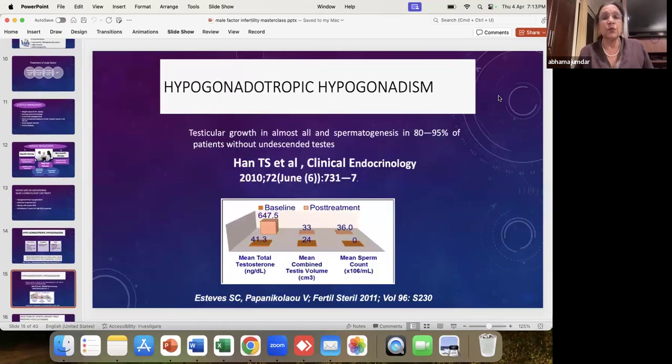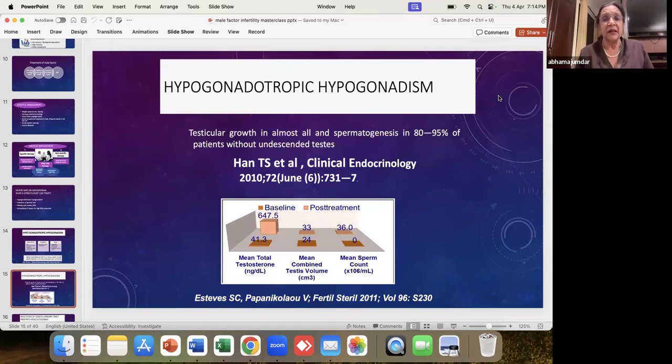So this is just one example, where Hans et al. in Clinical Endocrinology showed that testicular growth occurs in almost all and spermatogenesis happens in 80 to 95% of patients without undescended testes. So there should not be undescended testes. The testes should be in the scrotum, and testicular growth also happens.